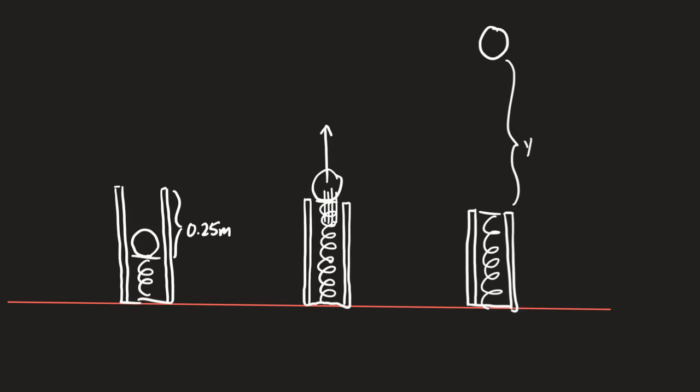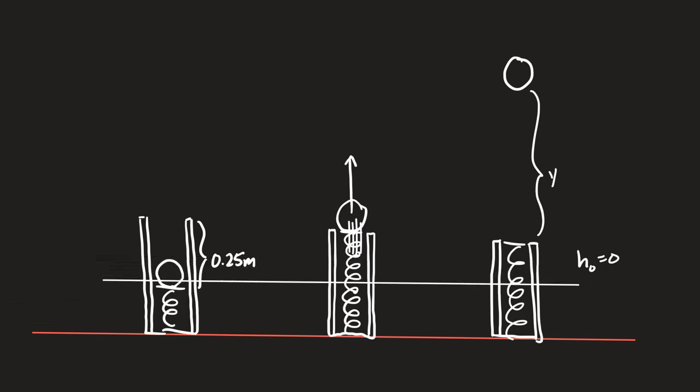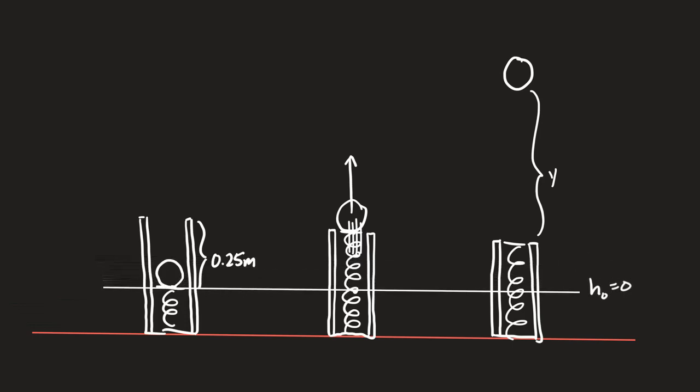Again, I want to make sure you all understand that I am setting the reference level for this problem at the lowest position the ball attains. I'm going to set this as 0. Now, the way I see it, this problem has 3 parts.